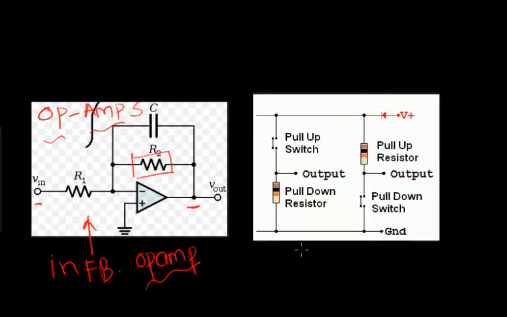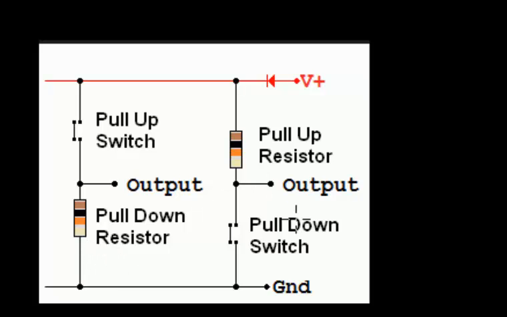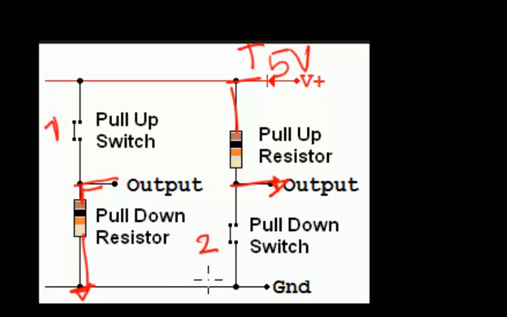Now the next application is the pull-up or pull-down resistor. Here you see the resistors are connected in two ways. There is this output, and there is a resistor going from the output to the ground, while in this circuit the resistor is going from the output to the supply. Suppose this is a 5-volt supply, and in this case there are two switches, switch 1 and switch 2. If switch 1 is closed, the output is shorted to 5 volts, so the output is always 5 volts when this is closed.